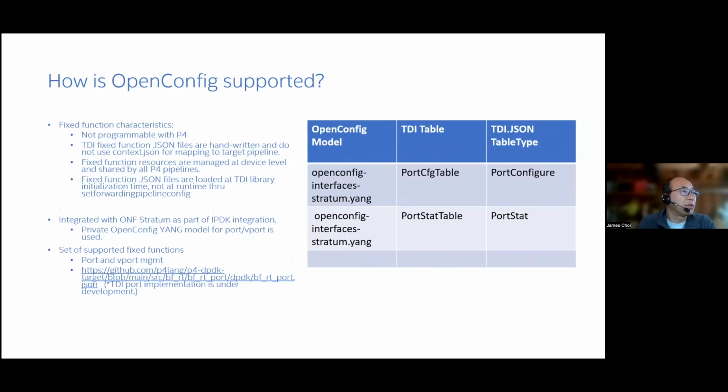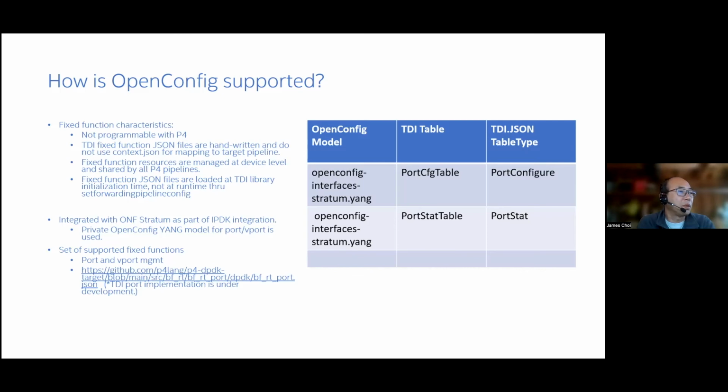And talking a little bit further on the fixed functions, to contrast with the P4 function characteristics, these fixed functions are not programmable with P4. TDI fixed function JSON files are handwritten at this point for the P4DBK target, and there's no context JSON that is used. All the fixed function resources are managed at the device level, and they are shared by all P4 pipelines.